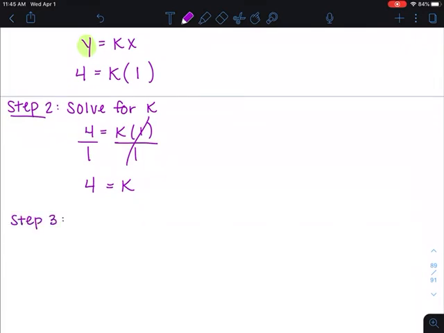And then step 3, which is our last and final step for this problem.